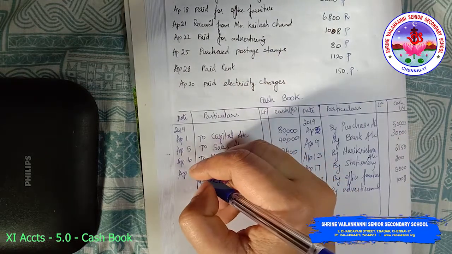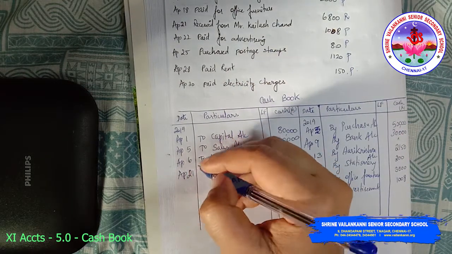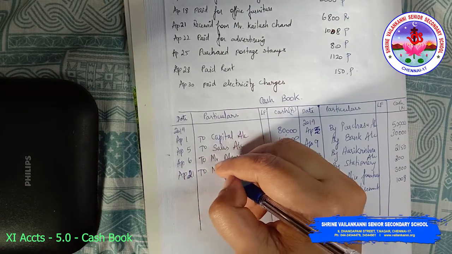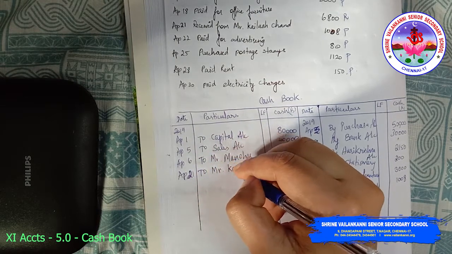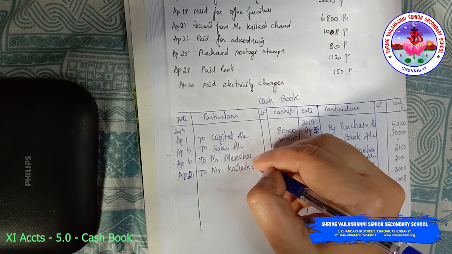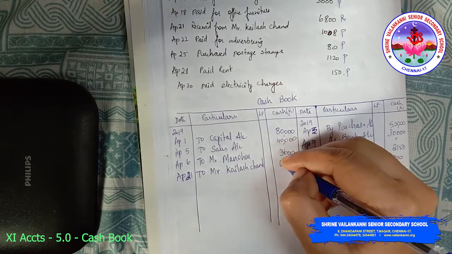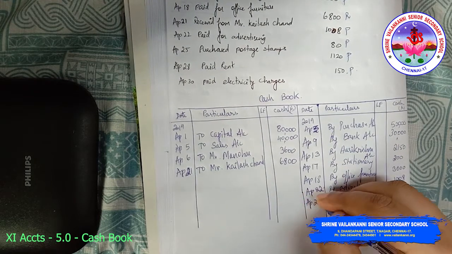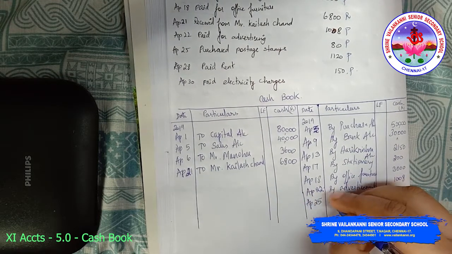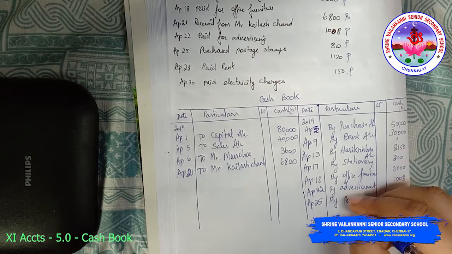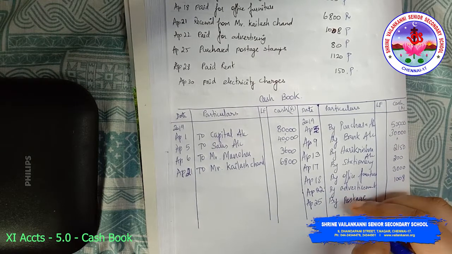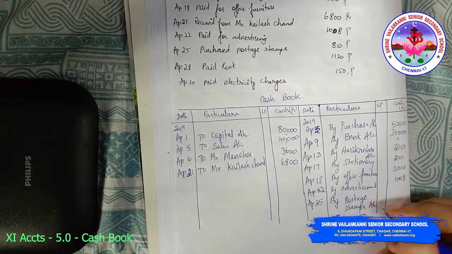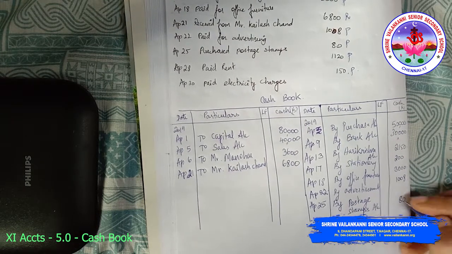Before that you had receipts from Mr. Kailash Chand. So April 21, to Mr. Kailash Chand, 6,800. April 25, by postage stamp, 80.